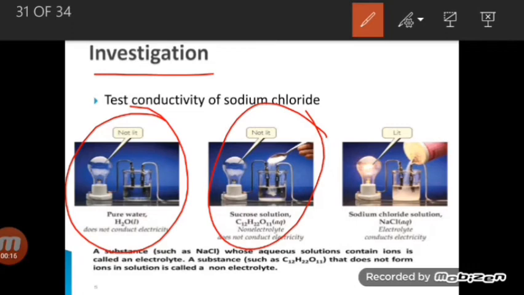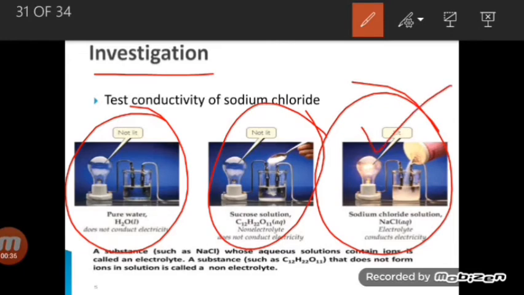Again, it will not conduct electricity because there is no ionization in both of them. Here sodium chloride solution is used. Sodium chloride is dissolved in water and is used as an electrolyte in this setup, and it will light the bulb. It means that in the aqueous state or in the molten state, sodium chloride will be able to conduct electricity, but water in the pure form or sucrose solution will not.